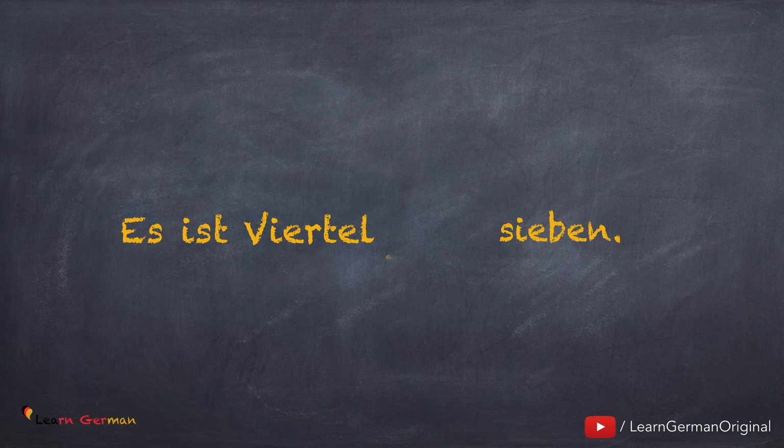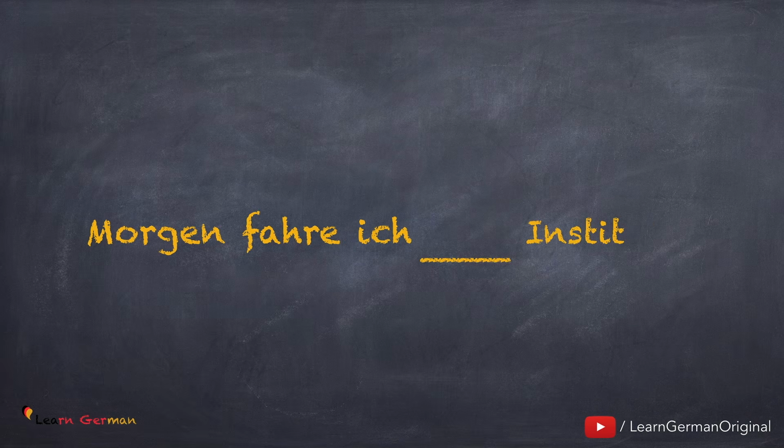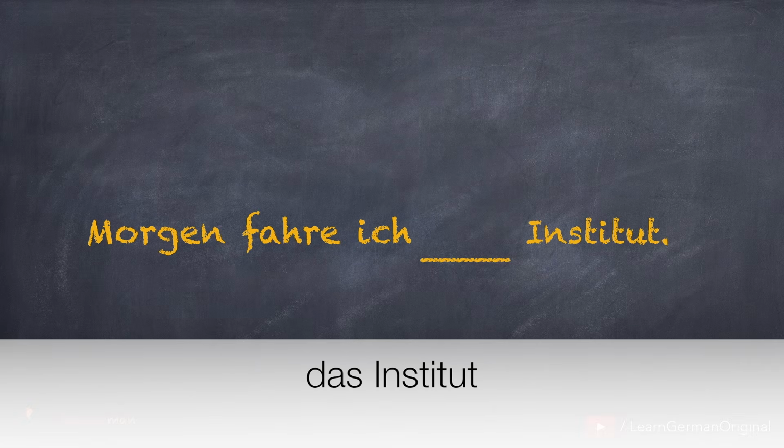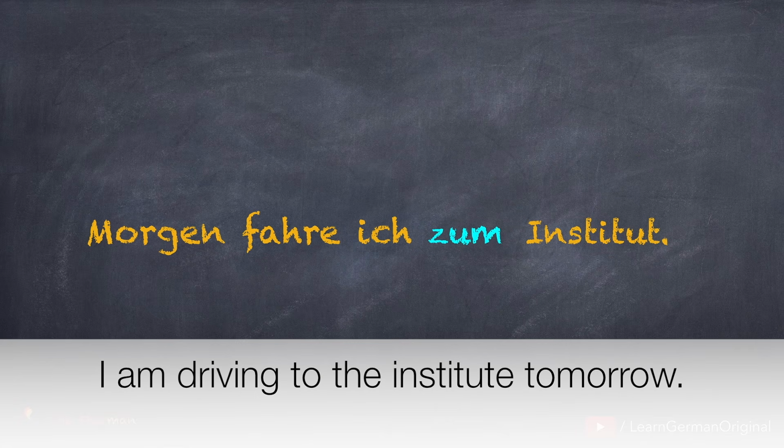Well, this is time, and the answer should be Es ist 7:15. This one was simple. Let's do the next one. Do remember that we are talking of the verb fahren. Hence, your answer should be Morgen fahre ich zum Institut.